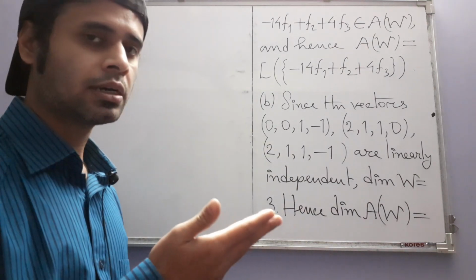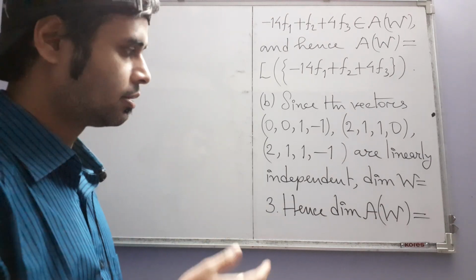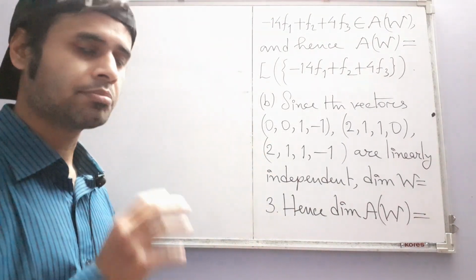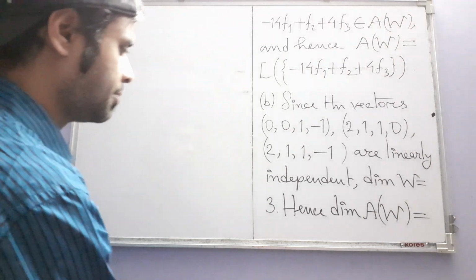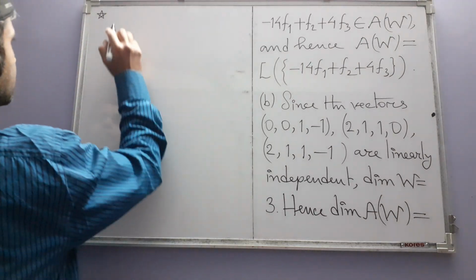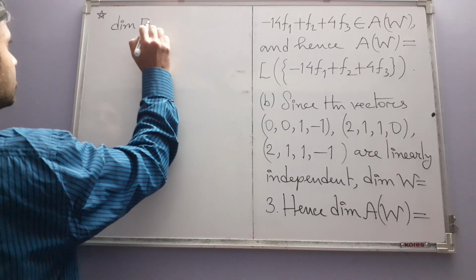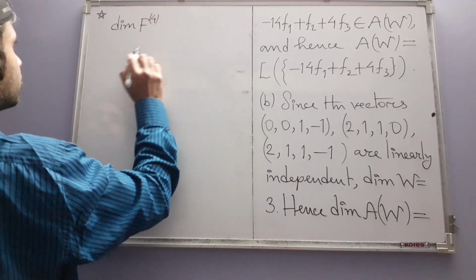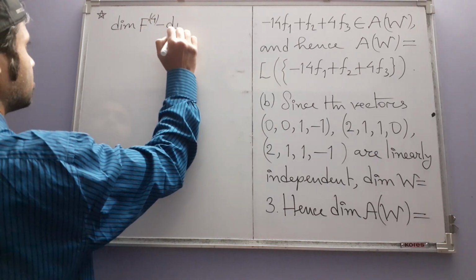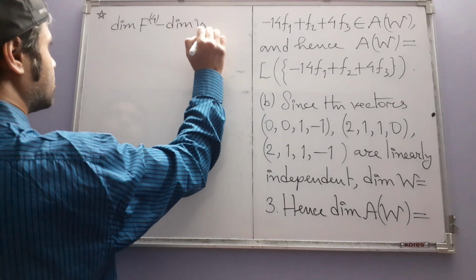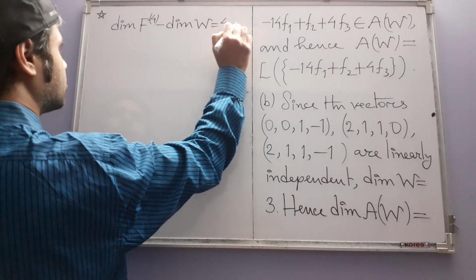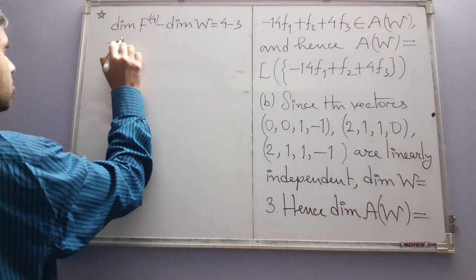All the elements are integral powers of that generator. So something similar happens in a one-dimensional space. Hence, this is equal to the dimension of this 4-dimensional real space minus the dimension of W, that is 1.